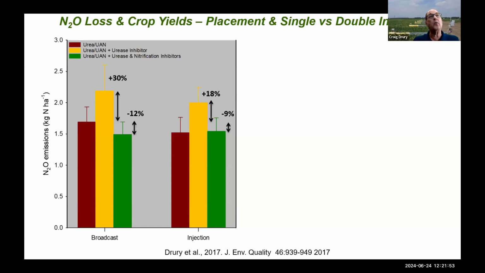If we inject it, we also have a decrease in N2O emissions, and injecting with inhibitors, we also have a decrease. So in this particular example, the dual inhibitor helps, but a urease inhibitor doesn't help as much. In fact, it can increase emissions.